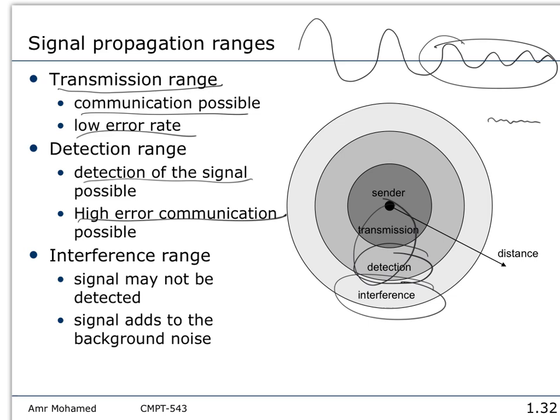So above مثلا 30 meters, you will probably have very, very high probability of error. Above 50 meters, of course, you will have zero communication. That's why the range is like 50 meters. But usually 50 meters is actually idealistic. You will not get good level of communication at 50 meters at all. Usually it's 30 meters. And of course, that also varies depending on the environment.